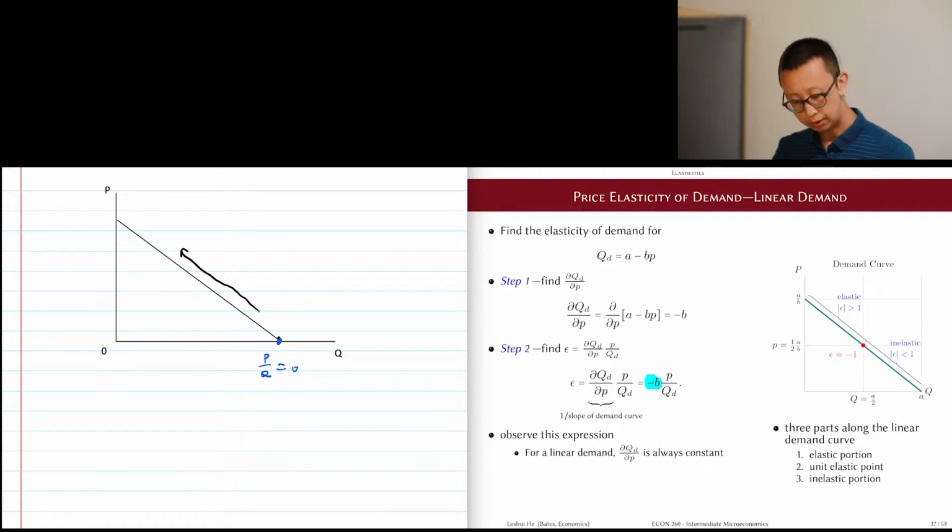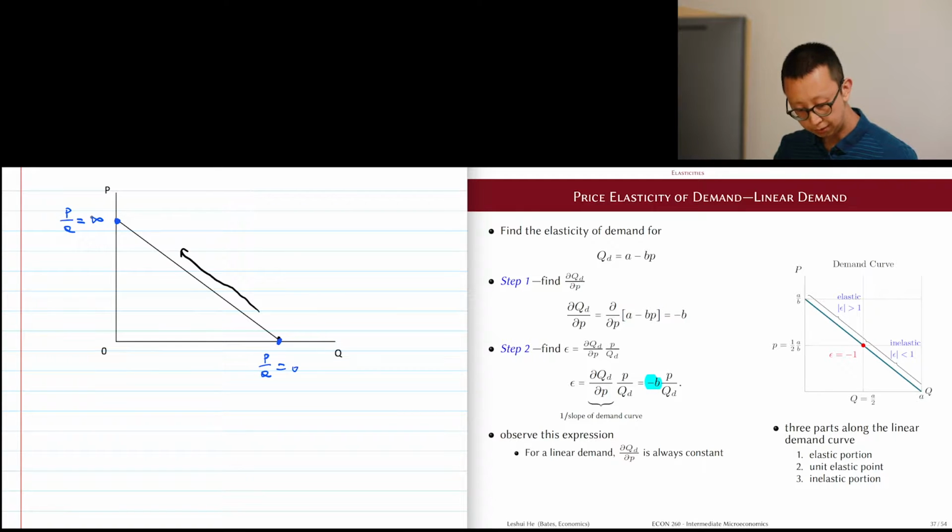Now, let's skip to the end of this travel to the P-intercept. Once we reach the P-intercept, what is going to be the ratio of P over Q? Well, now we don't really know what the value of P is, but it's going to be some large positive number. And what is the value for Q? It's almost 0. In fact, at the P-intercept, what happens is we're dividing a positive value of P by a value of Q, which is almost 0. And the result of that is infinity.